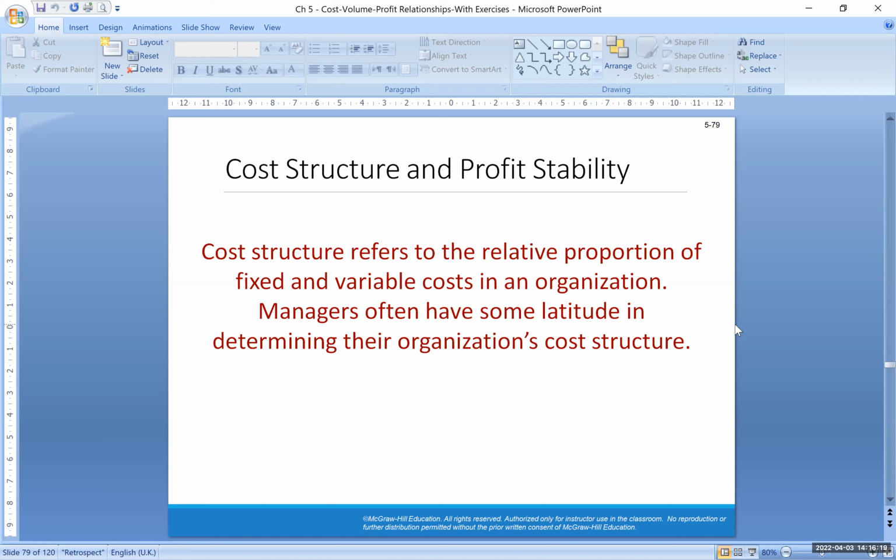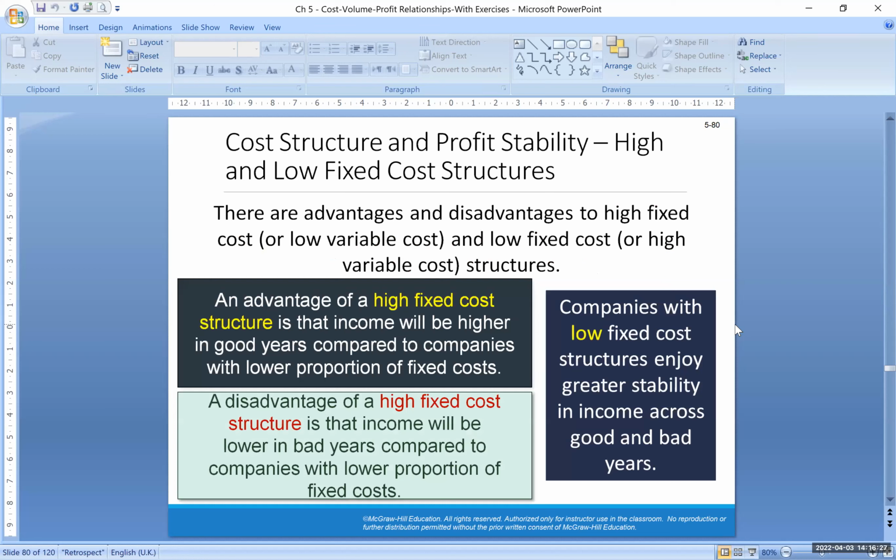If we have this situation, the cost structure and the profit stability, we have high and low fixed cost structures; there are advantages and disadvantages to high fixed cost or low variable cost, and the other situation, low fixed cost or high variable cost structures.